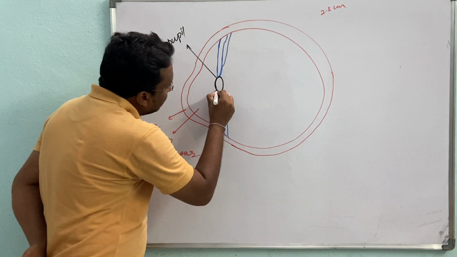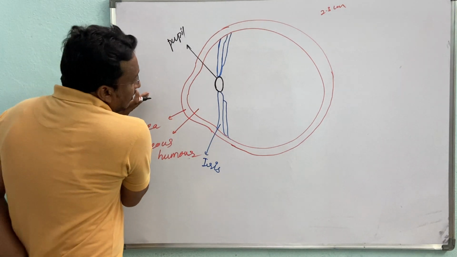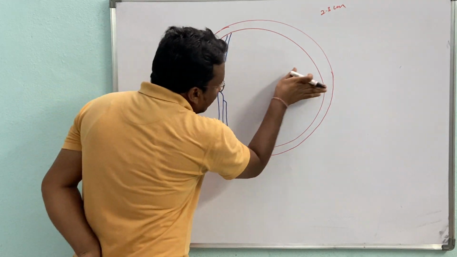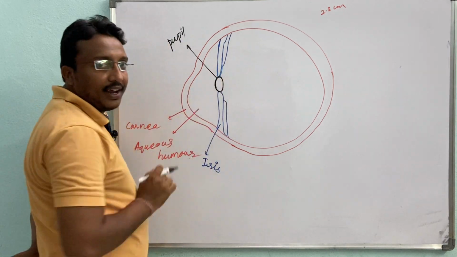The pupil appears black in color, because light enters the inner part of the eye through the pupil only.